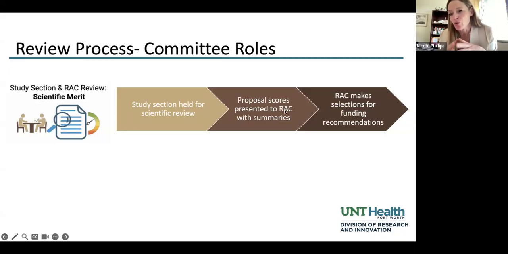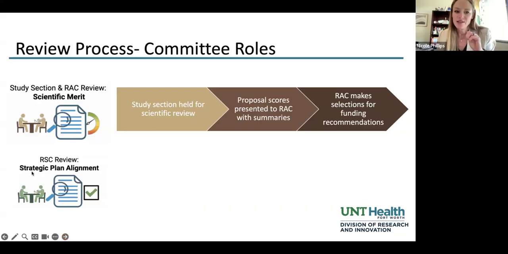The Research Advisory Committee will look at the scores, will read the summaries from the study section, and will ultimately make their selection for funding recommendation based on those study section outcomes. So from there, that's really the scientific merit: study section, RAC review and selection, and then ultimately funding recommendations that go to the second phase.